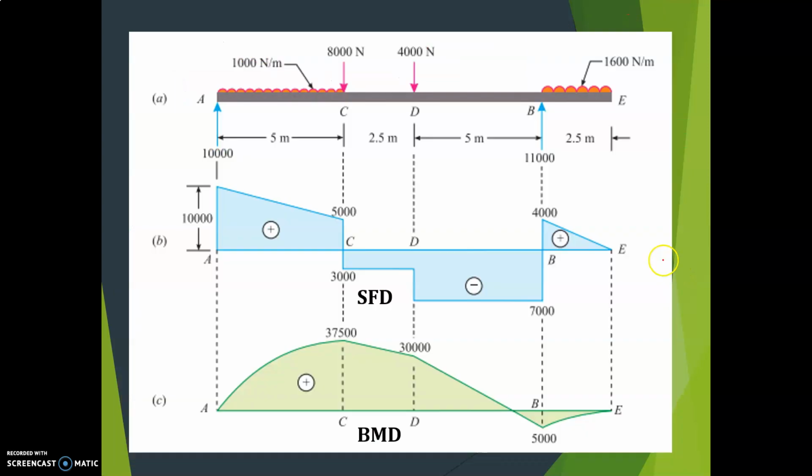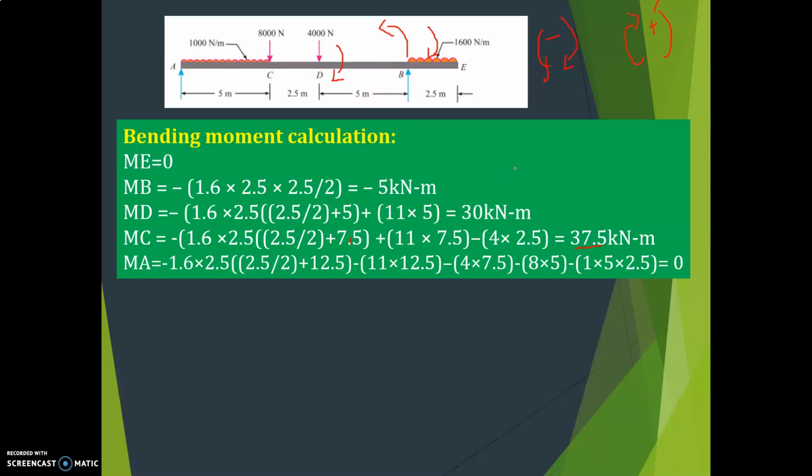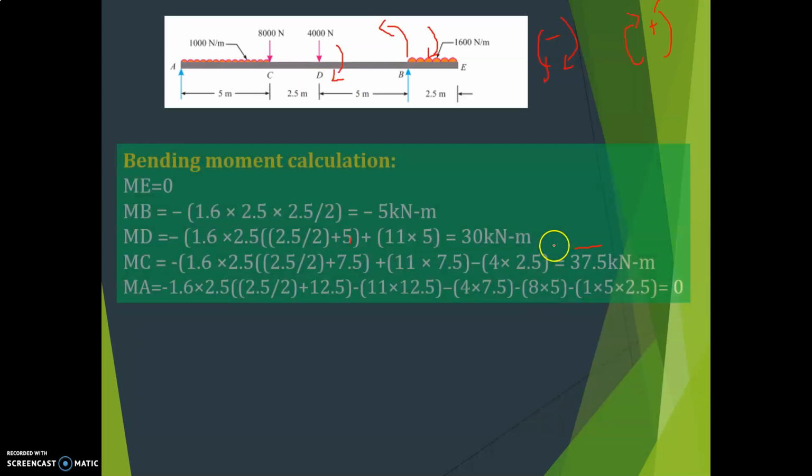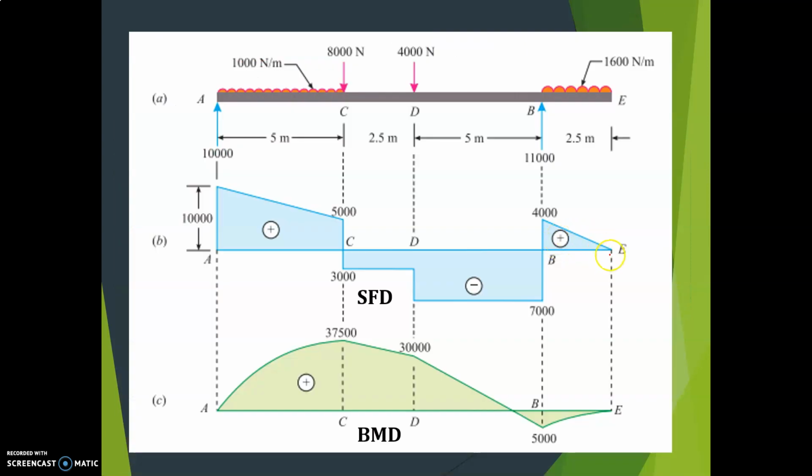Okay, now you have to draw the SFD and BMD. So draw the diagram. The shear force at E is 0. At B it is 4 kilonewton, as I have calculated here. At B, 4 minus 7, then minus 3, then plus 5, then 10. Draw that: 0, 4, minus 7, then again minus 7 right up to D, and then right to C also.